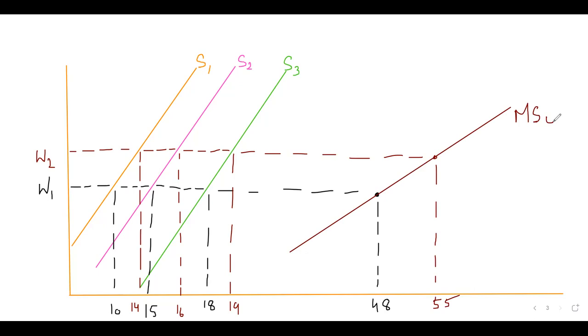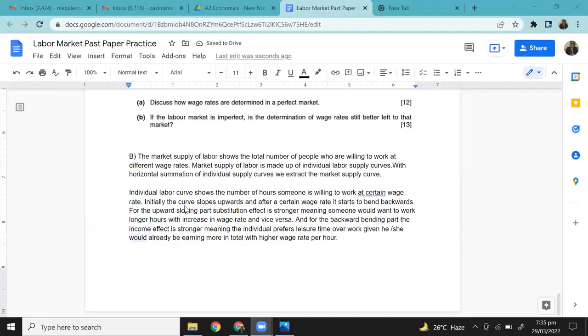Good on this? Okay. So coming back to the point, let's summarize everything that we have discussed so far. The question was asking you to discuss how wage rates are determined in a perfect market. So you start off by defining what a perfect market is. You'll list all the characteristics: there are a number of firms that are willing to hire, and a number of people who are willing to work, so there is a lot of demand and a lot of supply of labor services. The second characteristic of a perfect labor market is that the firms are wage takers. What do we mean by wage takers?